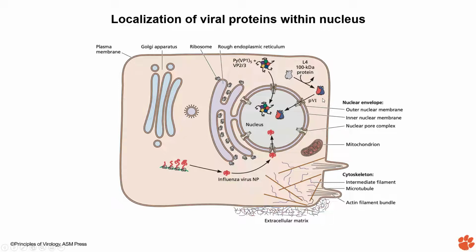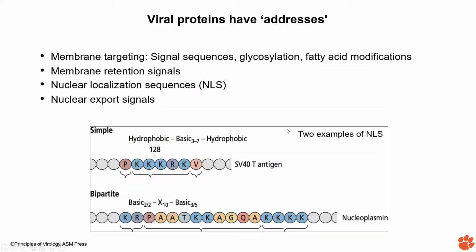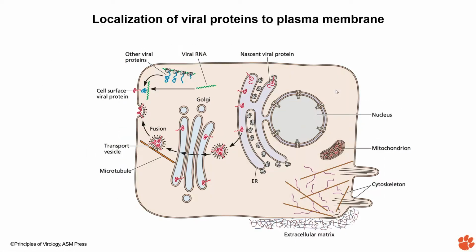And then the protein called protein pre-6 basically associates with some of the importin molecules to import these hexons into the nucleus. We're going to talk about these in a little more detail, how these occurrences are happening. So this is basically the localization of viral protein within the nucleus. And remember, all of them will have to have these nuclear localization signals, which is the third part of this. And then we're going to talk about the others as well.